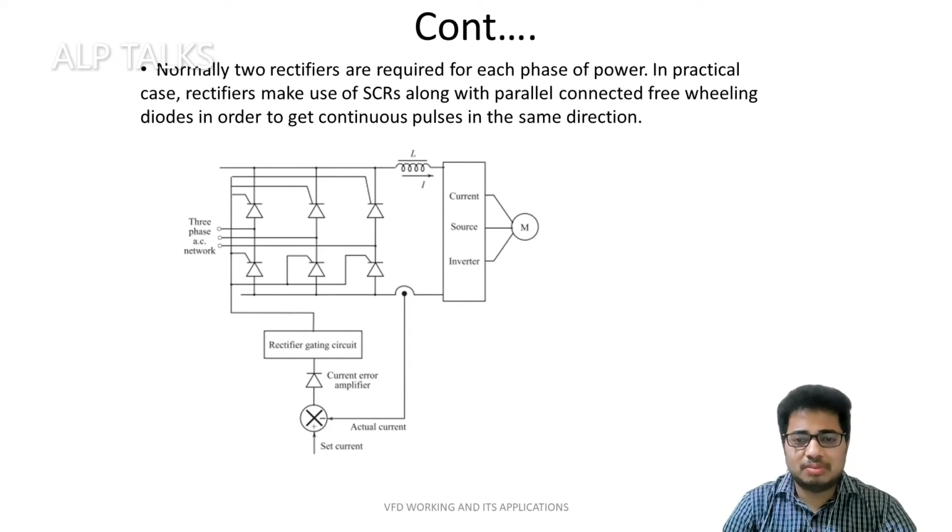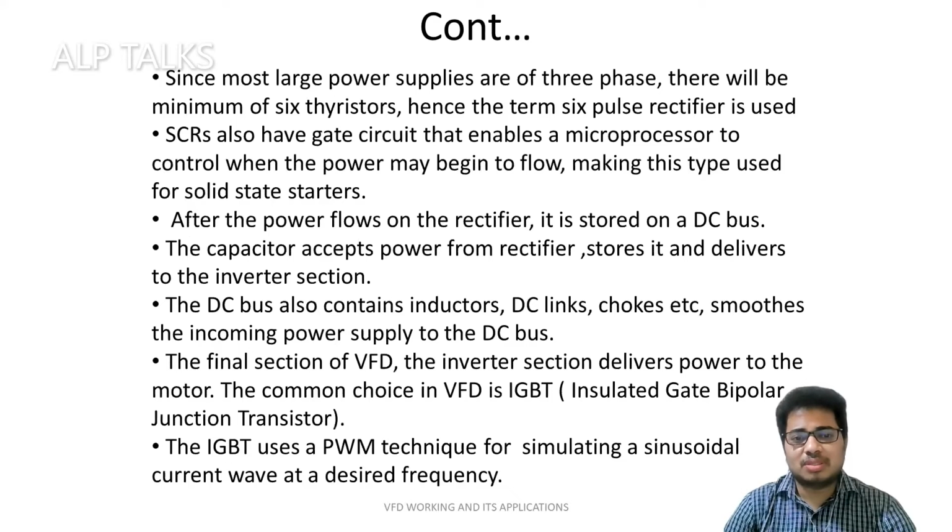So let's go into more details. Since most large power supplies are three phase, there will be a minimum of 6 thyristors, hence the term 6 pulse rectifier. SCRs also have a gate circuit that enables a microprocessor to control when the power may begin to flow, making this type used for solid state starters.